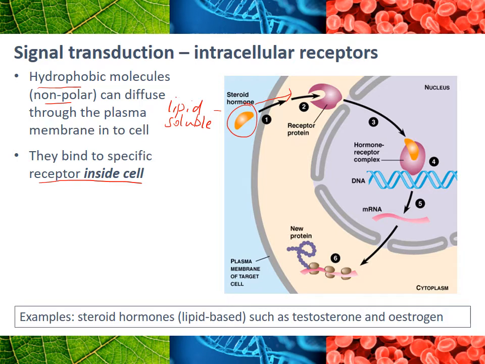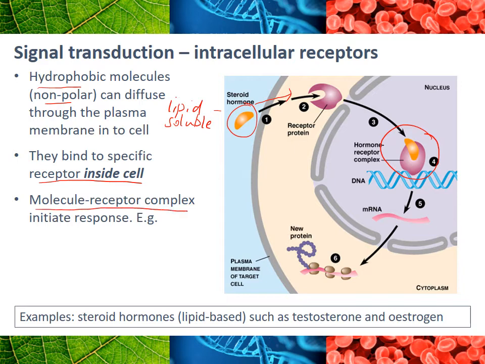Okay, so it's gone in, and you can see here that the receptor and the signal, in this example a hormone, have bound together. And we call this a molecule receptor complex. In this example, it says hormone receptor complex because it's specifically talking about a hormone. So it makes a complex when they're bound together, similar to, remember how our enzymes and substrates make a complex?